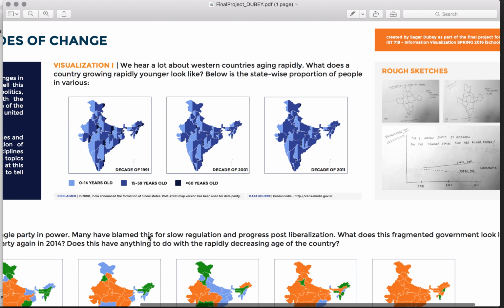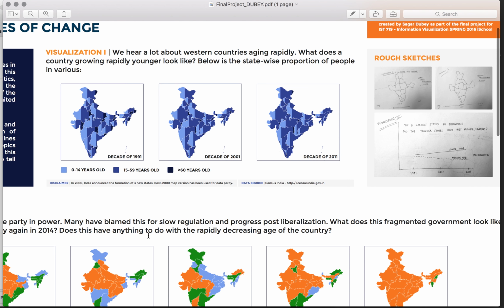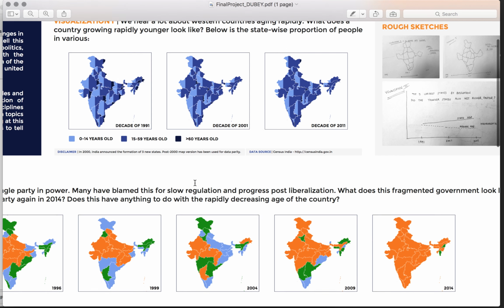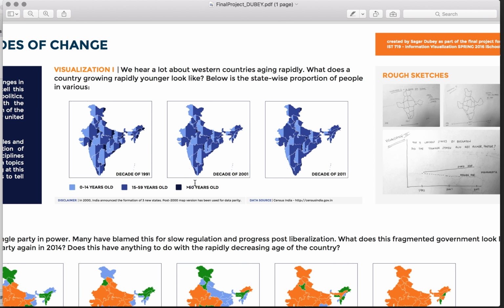The second visualization explores the question about formation of political parties. Now, between 1991 and 2014, India had 6 elections, out of which 5 elections involved minority or coalition governments.